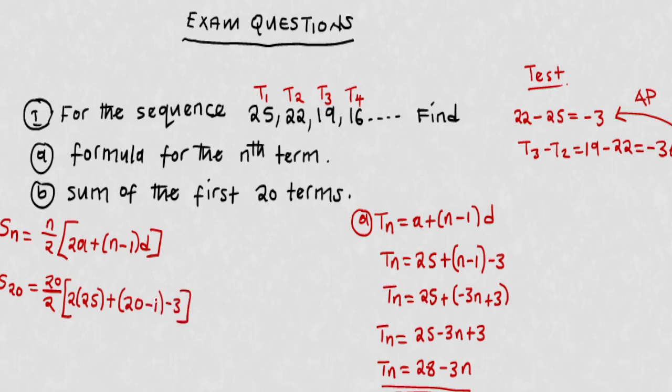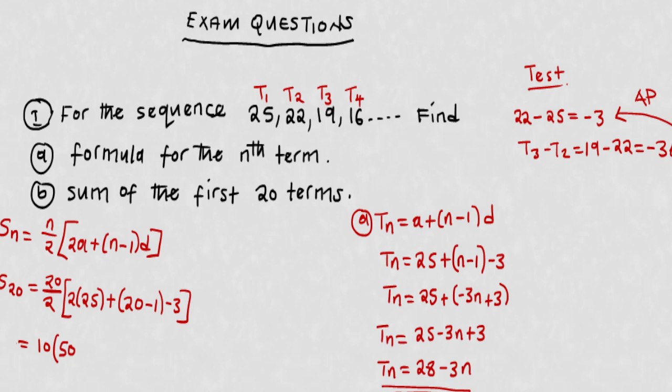Then what remains now is a matter of simplifying. How do we simplify that? So we know 20 over 2 is 10. Then we're going to simplify by saying what is 2 times 25, that is 50. Then what is 20 minus 1, 20 minus 1 is 19. Then that 19 we multiply with negative 3.